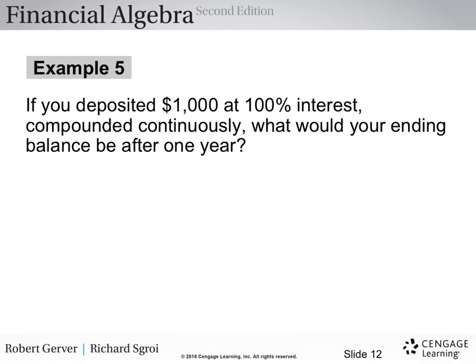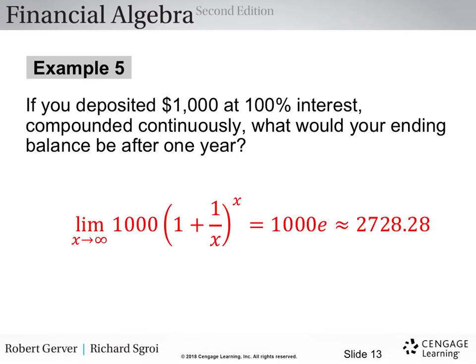All right, let's look at another example. If you deposited $1,000 at 100% interest, compounded continuously, what would your ending balance be after 1 year? So here's our limit function. Our principal, and obviously this is our formula for figuring out compound interest.